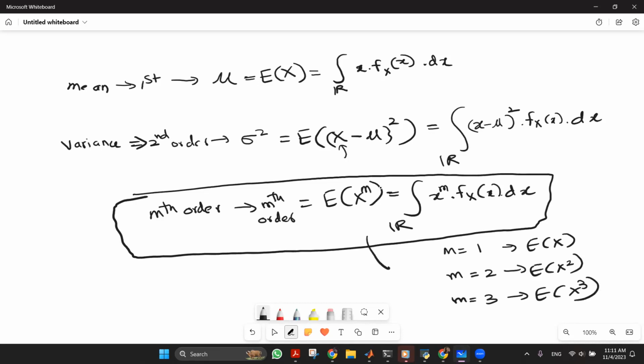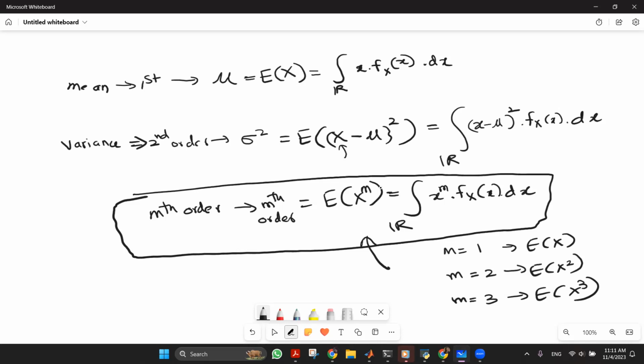Likewise, you can use this equation to find any moment of the x value, right? The expectation of the x value I can find under any moment, 1, 2, 3, 4, likewise up to the nth moment, I can find using this integration. This is how it's defined basically, right?